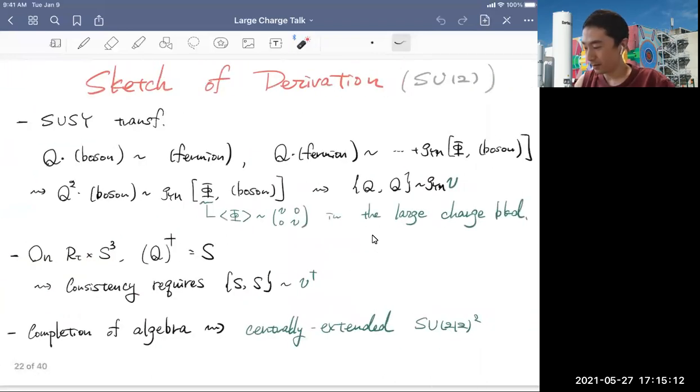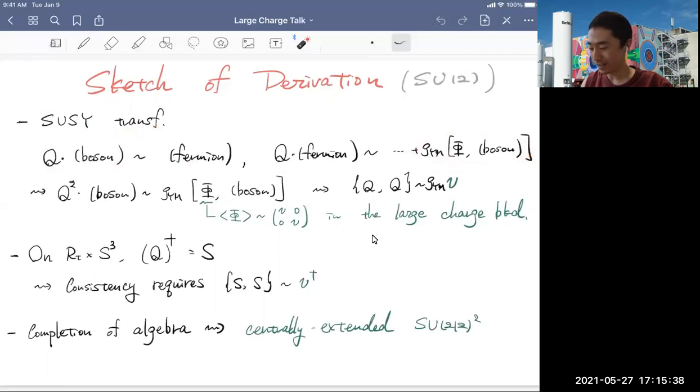Okay, so the sketch of the derivation. It's actually very simple. In order to do that, we just need to remind ourselves of the SUSY transformation. In particular, a very basic SUSY transformation: Q acting on a boson gives you a fermion, and Q acting on a fermion, in the case of N=4 Yang-Mills, spits out this factor, g_YM times phi times a commutator term.